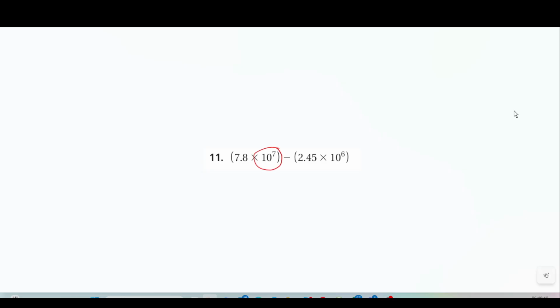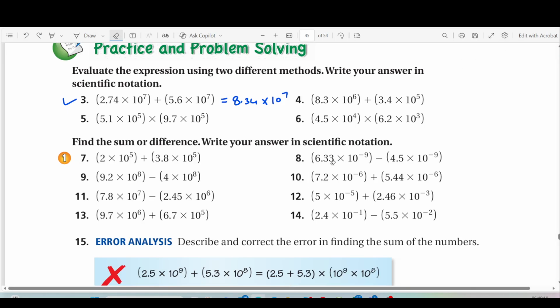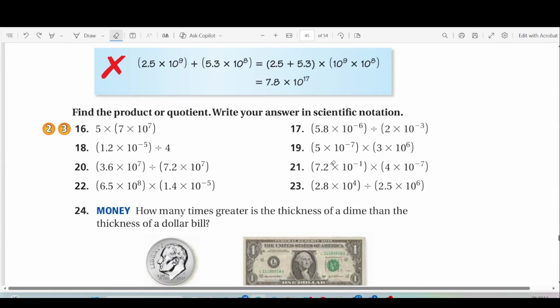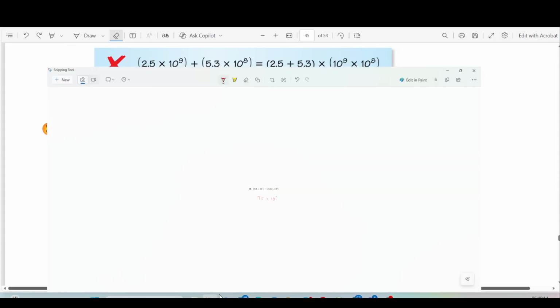First, did you convert it into same exponent? Yeah. I got 7.5 times 10 to the power of 7. Very good. That's correct. Okay, now let's do this one.